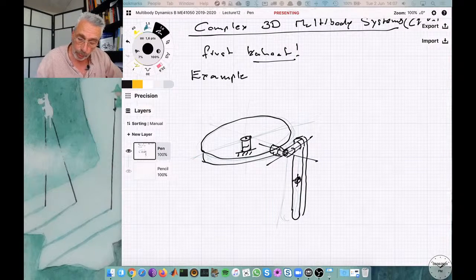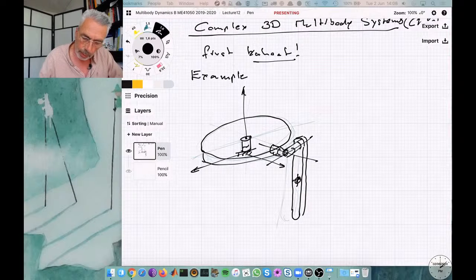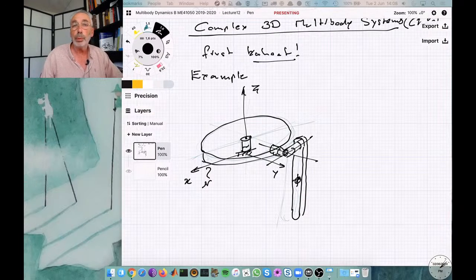Then we need some coordinate systems. First of all, there's this inertial system, and I think I picked these as the directions. So this is the inertial system, X, Y, and Z. Sometimes people write capitals, that's okay.